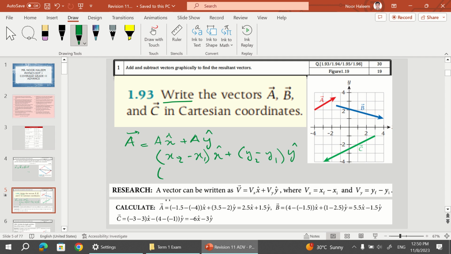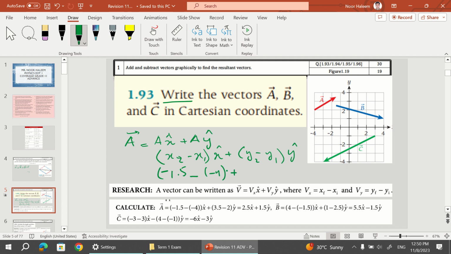Here is 0. This is minus. Understood? So it will be minus 1.5 and then minus in the equation x1. How much is x1? The initial one. It was -4, right? Better to write -4 in the bracket. So minus into minus, it will be plus.